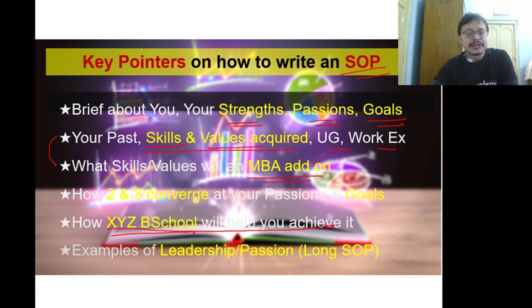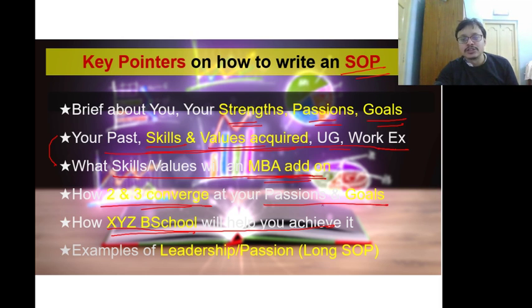The most important thing, as you can understand, is that the past skills and values, and what an MBA will add on, must converge towards your point one. That is, what are your strengths, your passions, and the goals. There must be a clear-cut convergence seen in the process. Note, along with the convergence comes another fact.